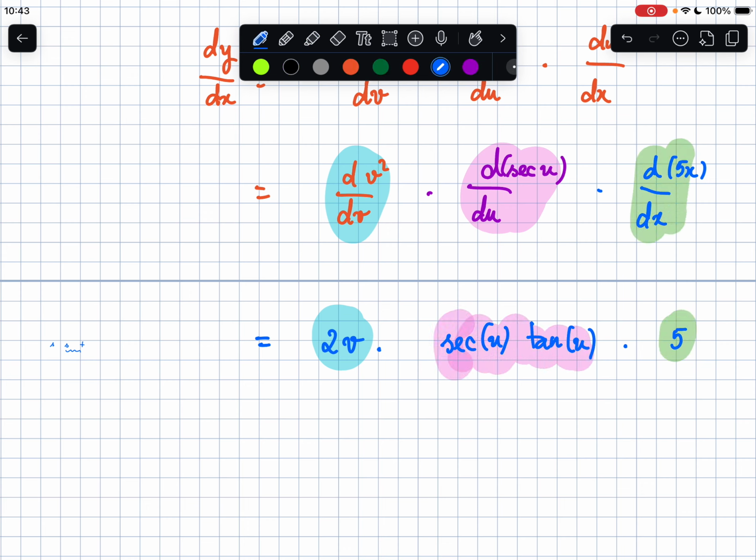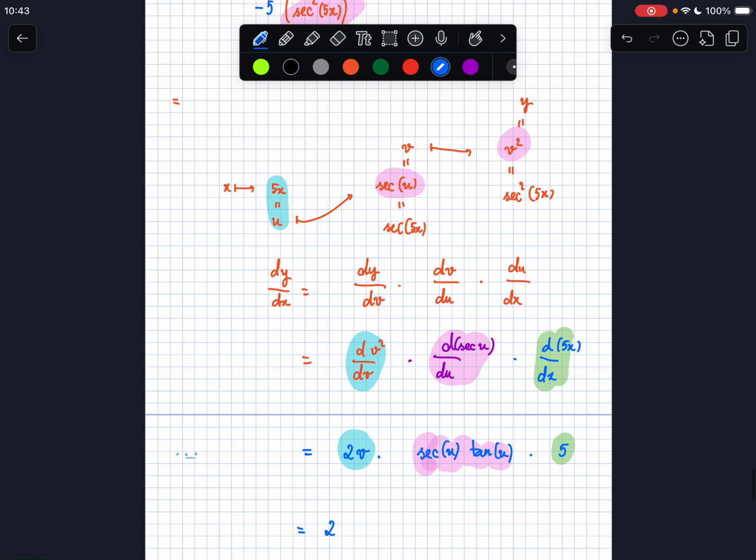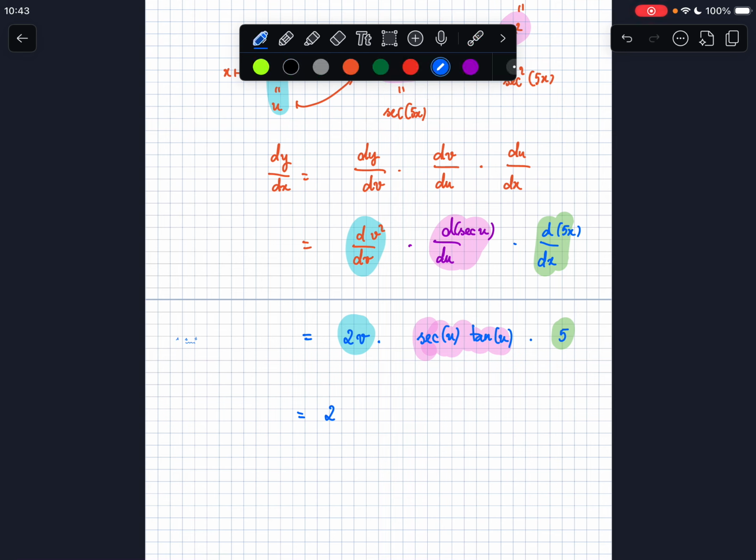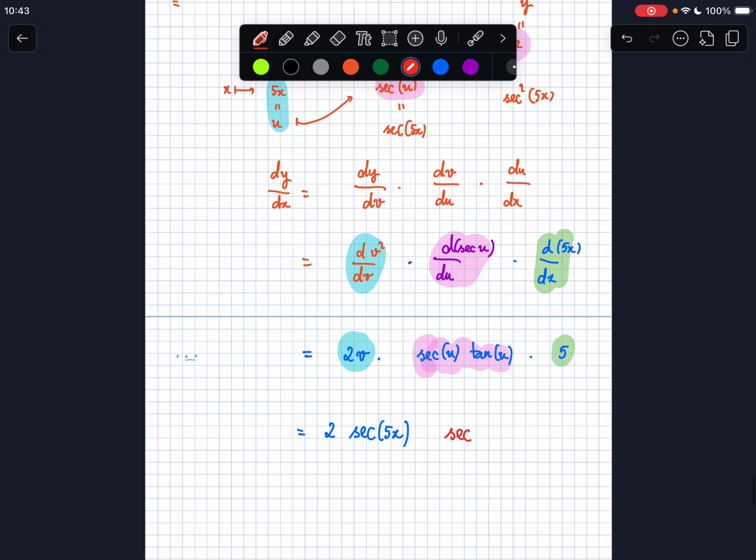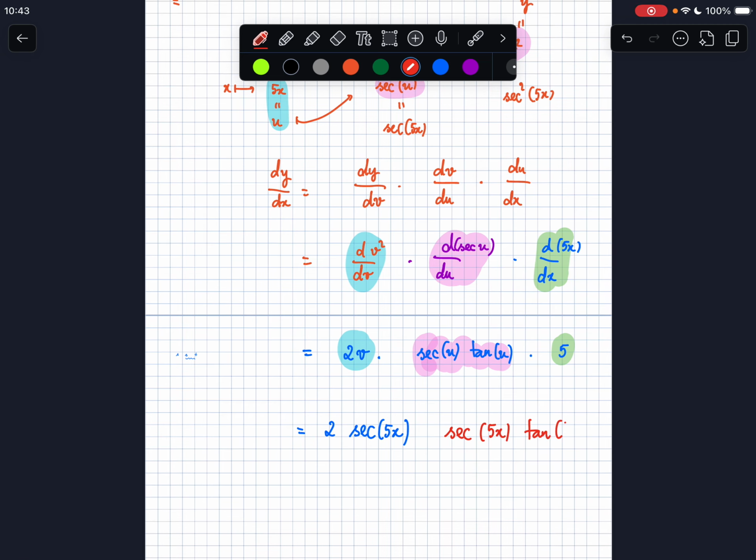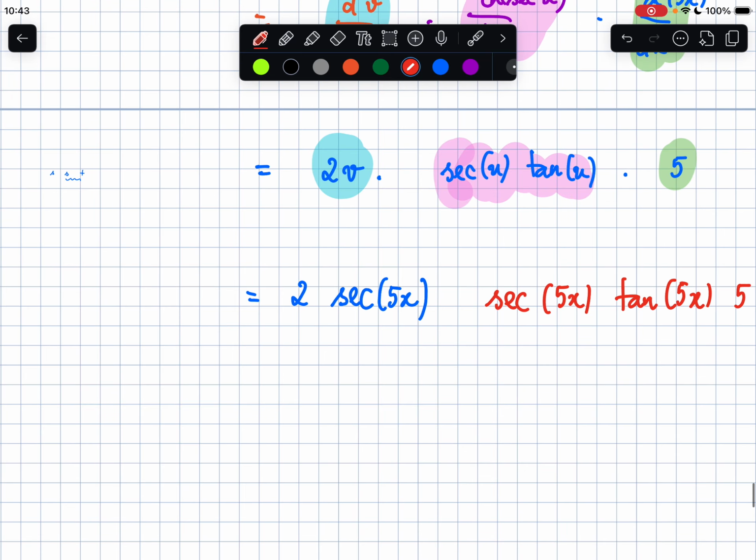Now we plug in v and u there. 2 times v, where v equals secant of 5x. The second one, secant u, secant of 5x, where u equals 5x, tangent 5x, and multiplies 5. So we get everything here.